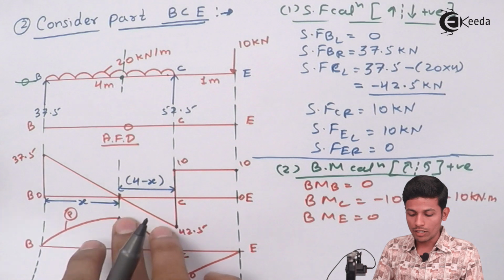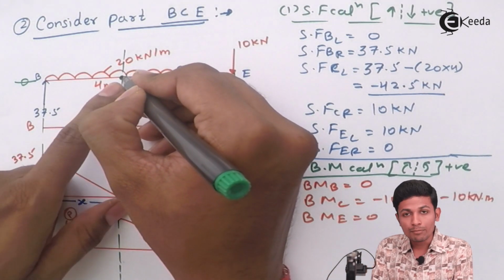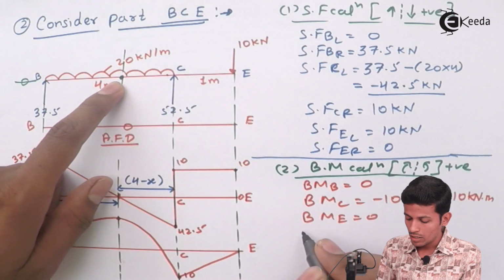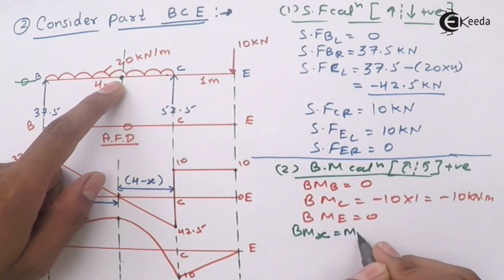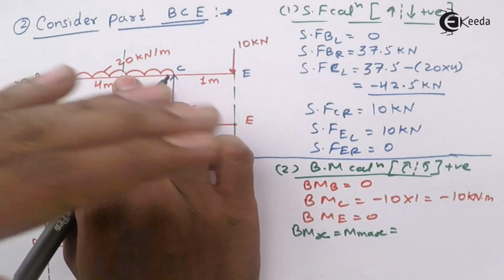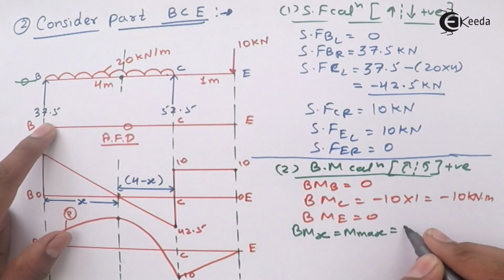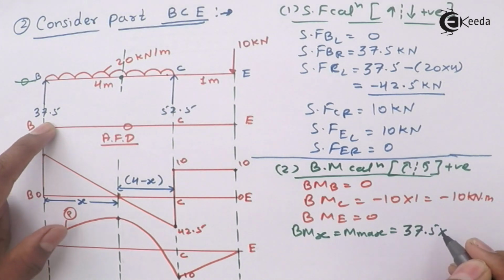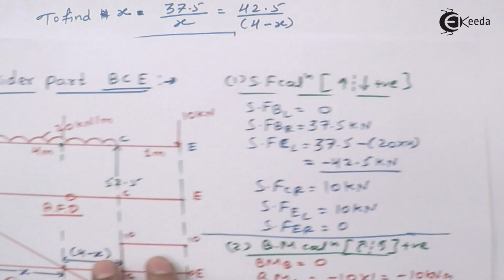Now, where we have to find the bending moment, see what is coming. Maximum bending moment at x, M max, is equal to, see, we are taking from this side. It will come as 37.5 into this distance, which is nothing but x. What is the value of x? 1.875.